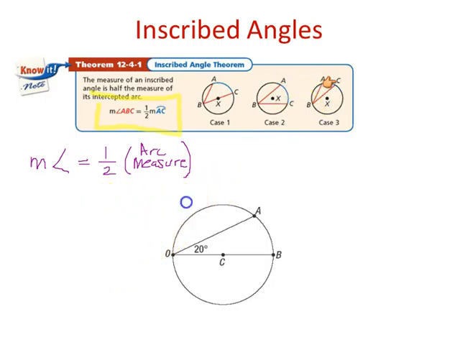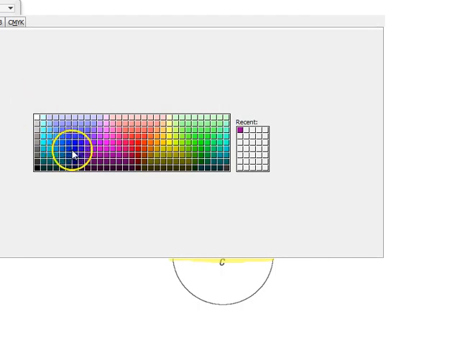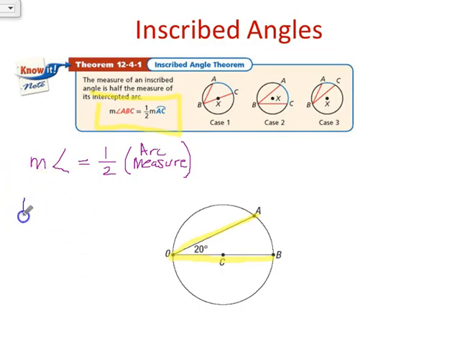All right, so here is a circle down below where we've got an inscribed angle. We've got angle AOB, and let me write in here really quick. In this circle below, I want you to find the measure of arc AB.